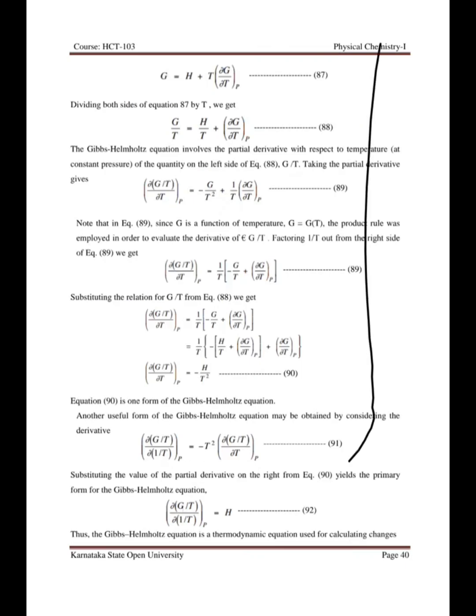If you substitute this into the mathematical expressions and go through it, you will get equation 90, which is the Gibbs-Helmholtz equation, that is, the derivative of G by T with respect to T at constant pressure.